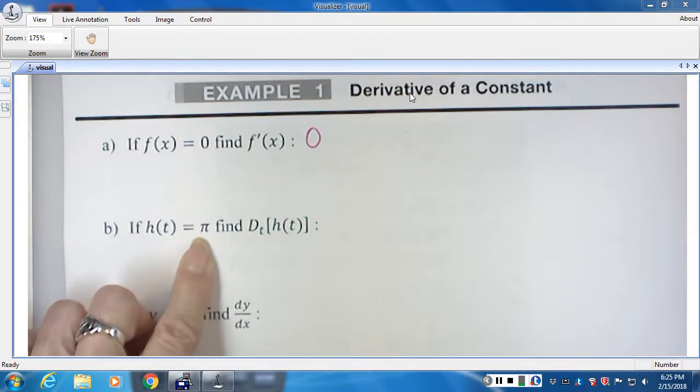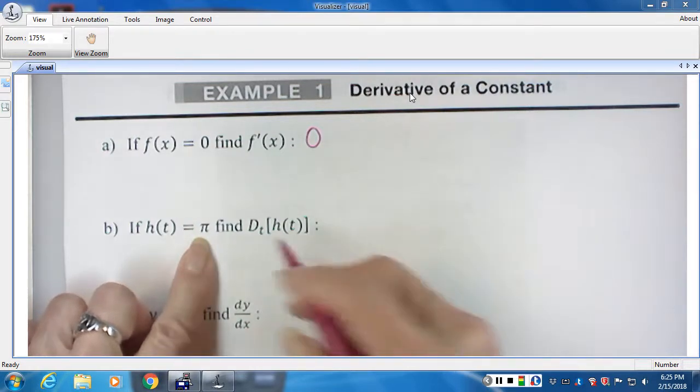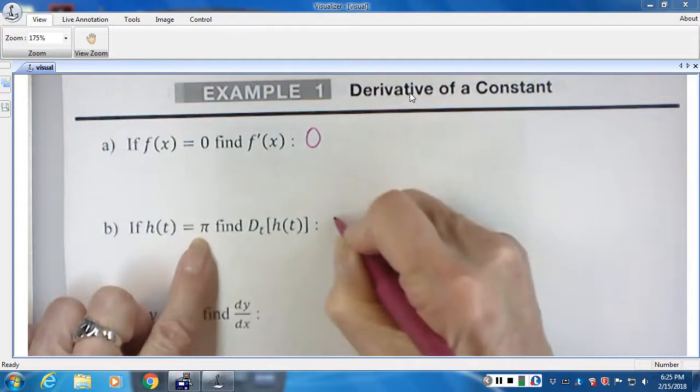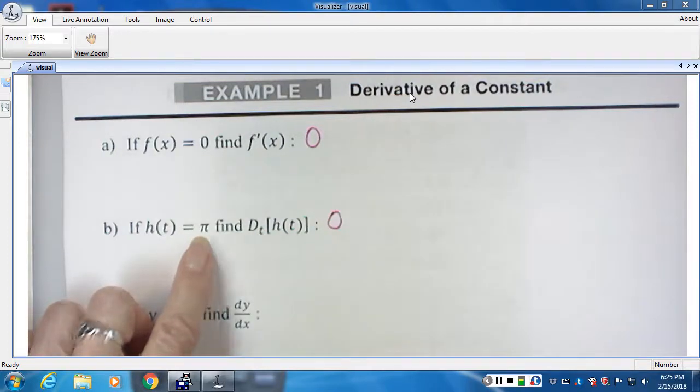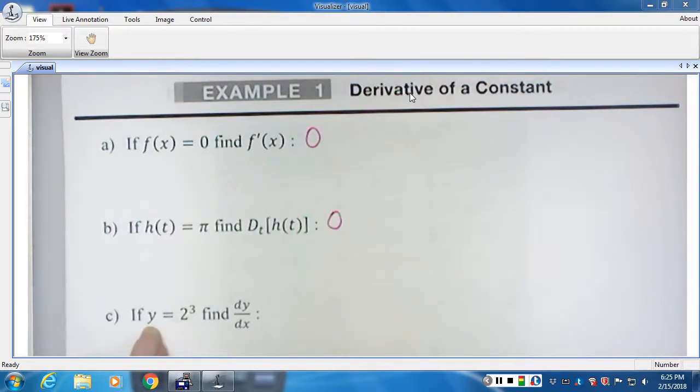It's just a number. And since it's just a number, the derivative of pi is 0. If y equals 2 raised to the third power, 2 raised to the third power always gives you the same answer. It's 8. And the derivative of 8 is 0.